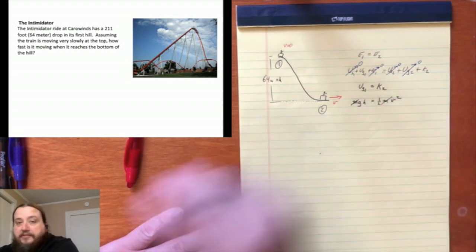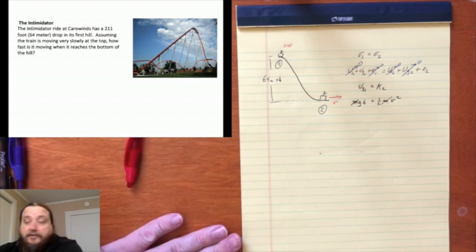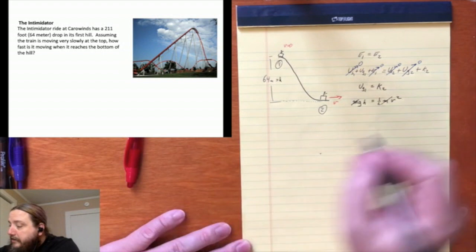Conveniently, the masses cancel here, which is good because we didn't know anything about the mass of our roller coaster either. And we want to know how fast it's going, so we're solving for velocity.